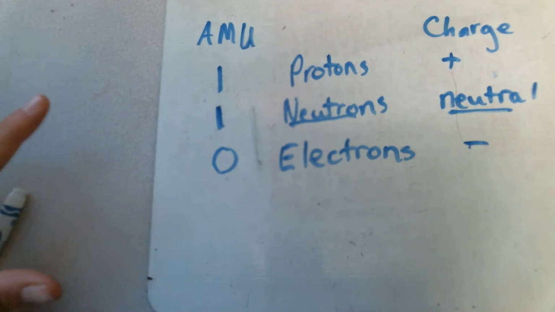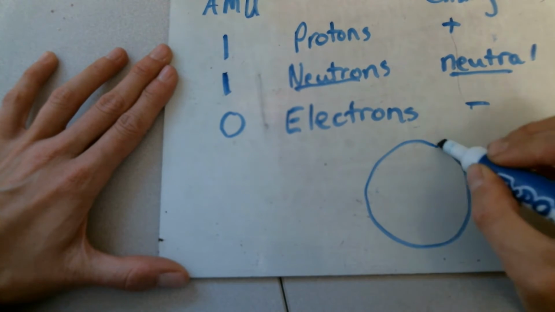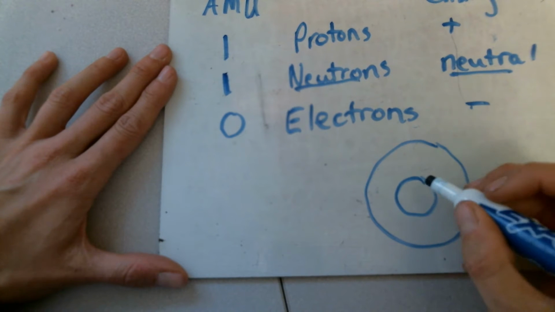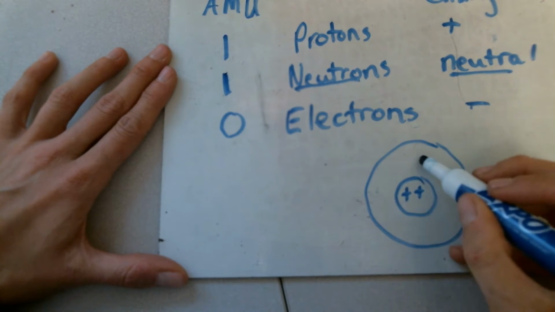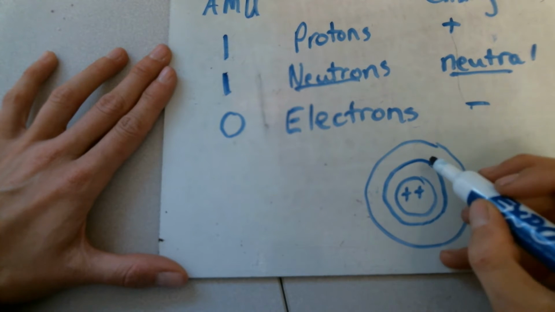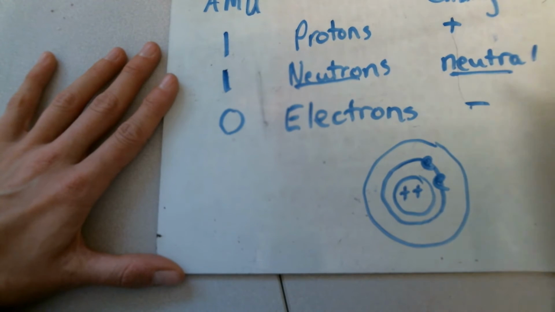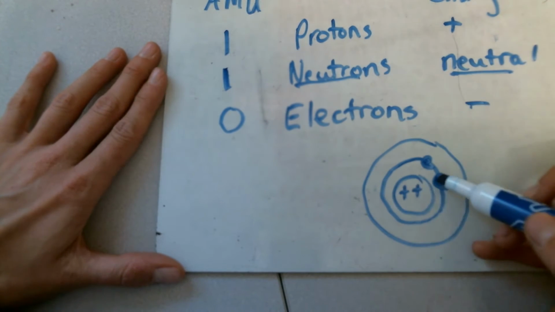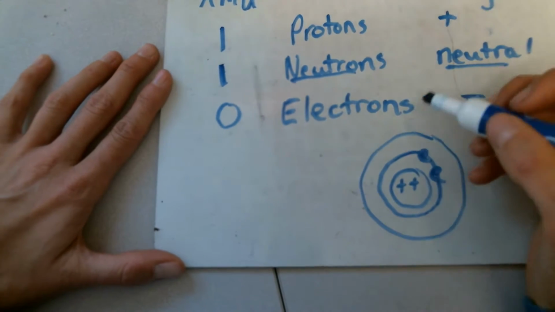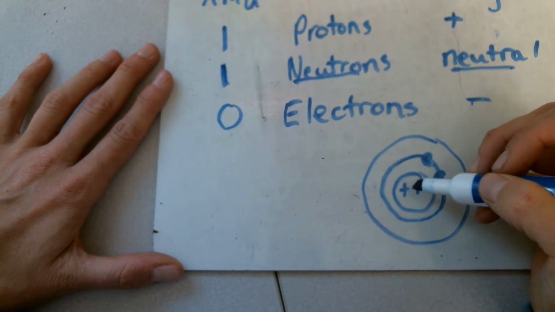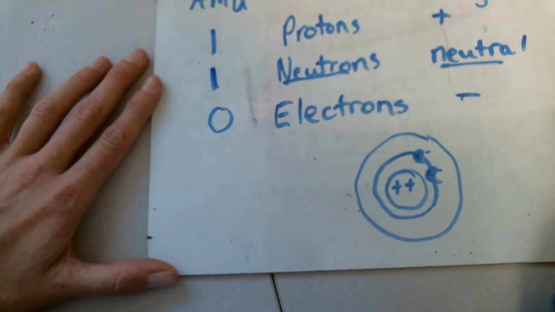So the idea here is that when you have your atom, and inside your atom you have your nucleus with your protons, let's say we have 2 protons in the middle, and out here we have 2 electrons. What that means is that these are attracted to each other and they cancel the charge of each other, because these electrons are negative, these are positive, and the charge is canceled to make it neutral.